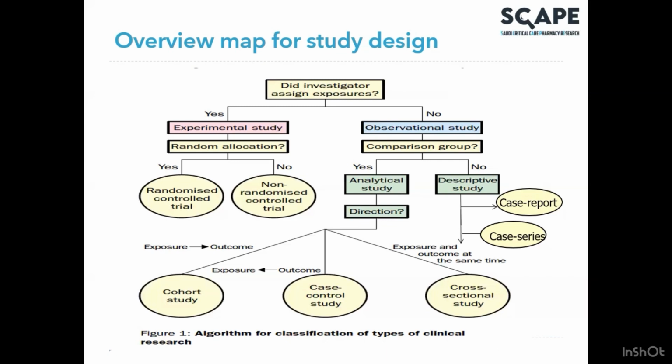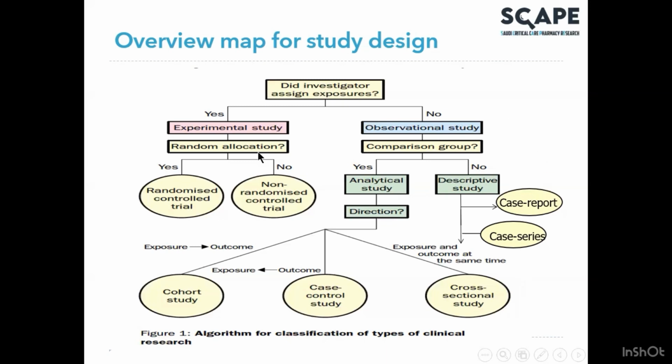An observational study can be analytical, where it holds a comparison, or not a comparison, only descriptive. If there is no comparison, then we have a descriptive study, and it can be either a case report, case series, or cross-sectional.